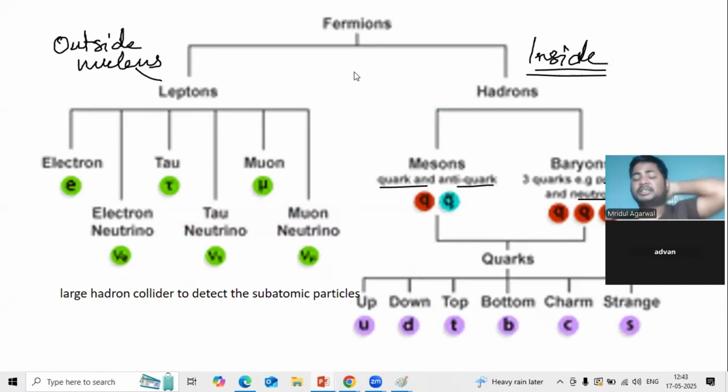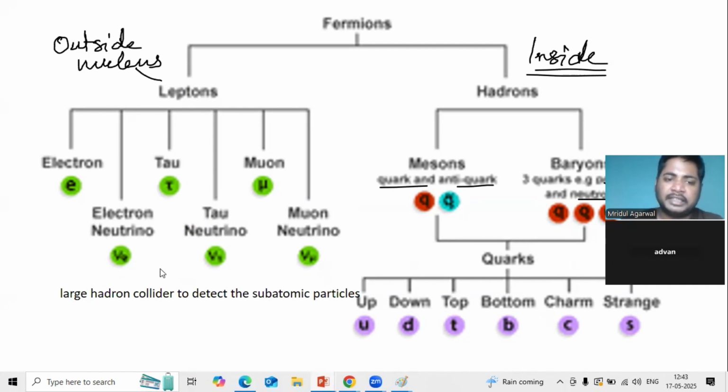And then you have got quarks. In the quarks, you can have positive and negative charges, but they can have subatomic particles which are partial in charge. So these leptons are present outside the nucleus, while the hadrons are present inside the nucleus. In the leptons, we discussed electron, tau, electron neutrino, tau neutrino, muon, muon neutrino.